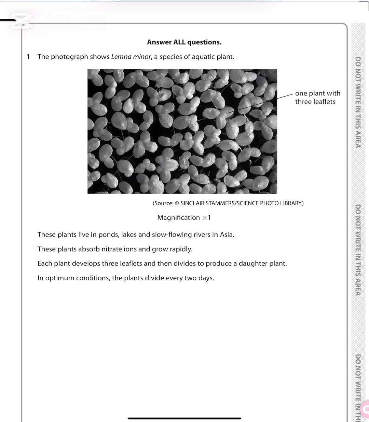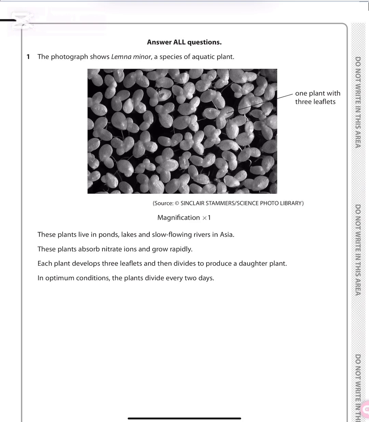They live in ponds, lakes, slow flowing rivers. They absorb nitrogens and grow rapidly, develop 3 leaflets, then divide to produce a daughter plant. That means the plant can have at max only 3 leaflets, not more than that.